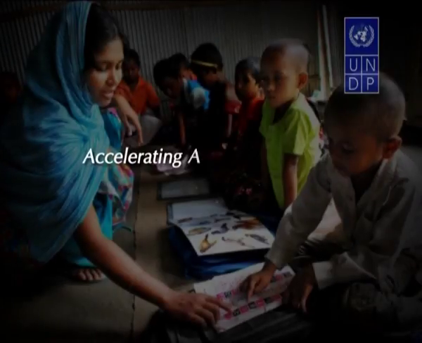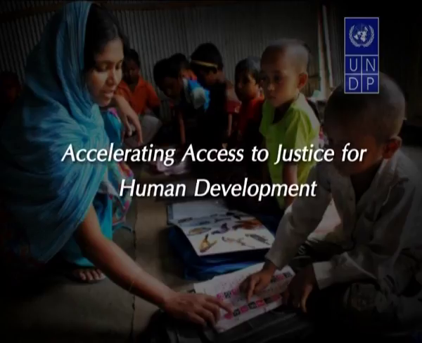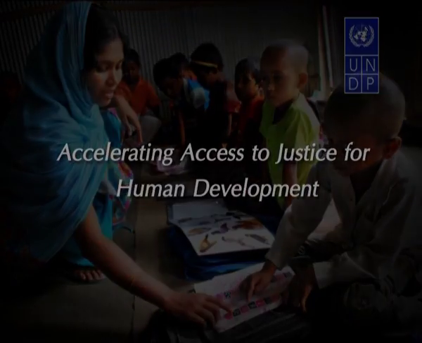The global program on accelerating access to justice for human development was launched in 2009 to focus on strengthening and expanding UNDP's ongoing engagement and contribution to rule of law and access to judicial services for the poor and vulnerable in over 90 countries worldwide.